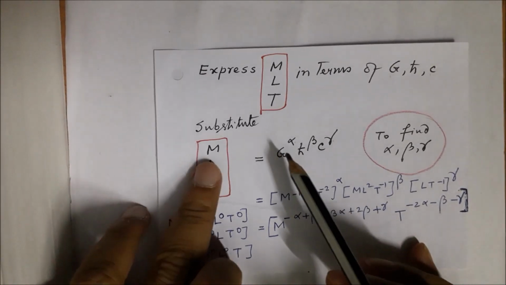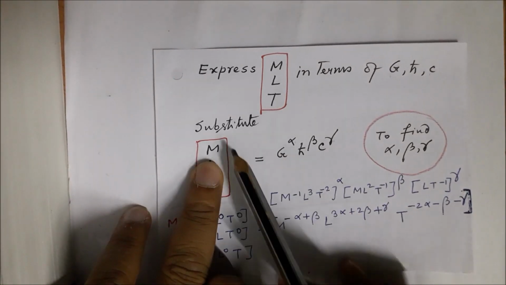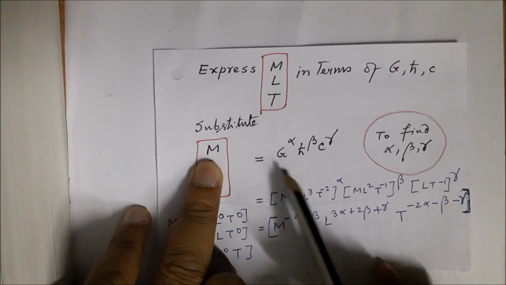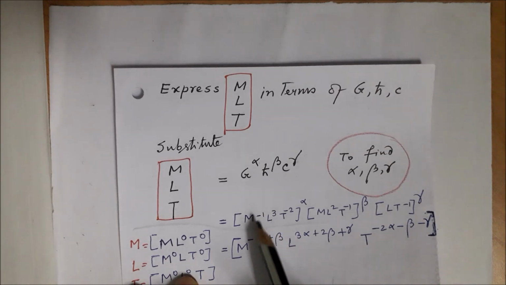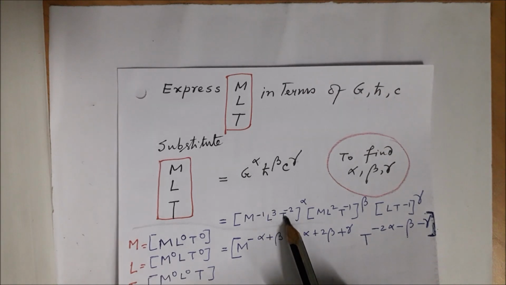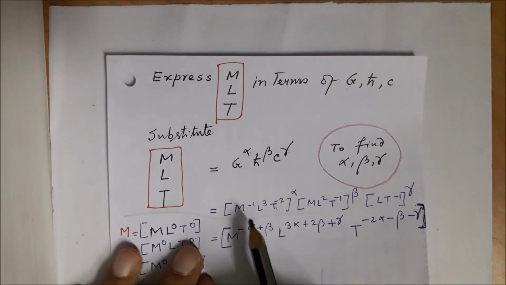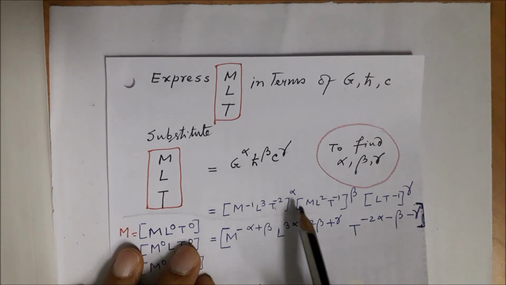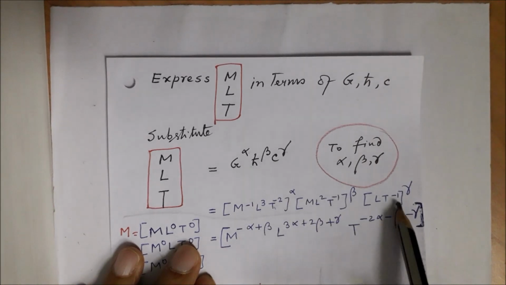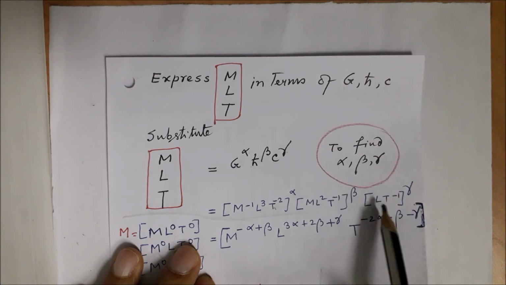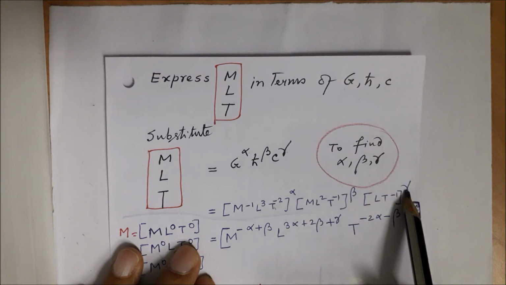For instance, take the first equation and then we'll put the dimension of both sides, and we will end up with three equations, one in M, one in L, and the other one in T. So the first task is we'll put the dimension of G, dimension of h cross, and dimension of c, and raise them to the power alpha, beta, and gamma respectively.